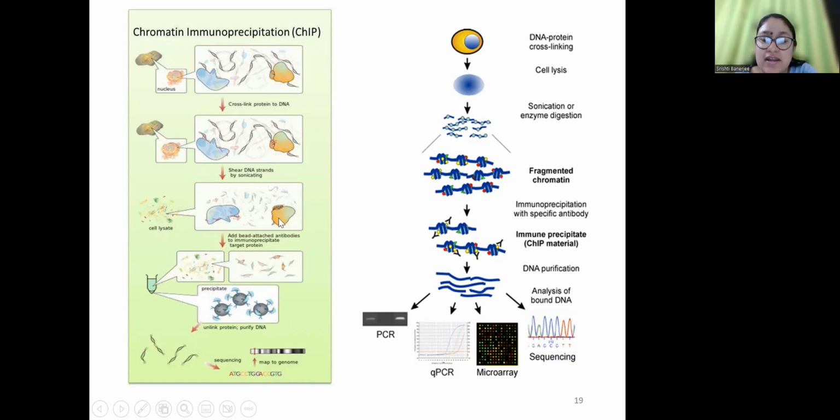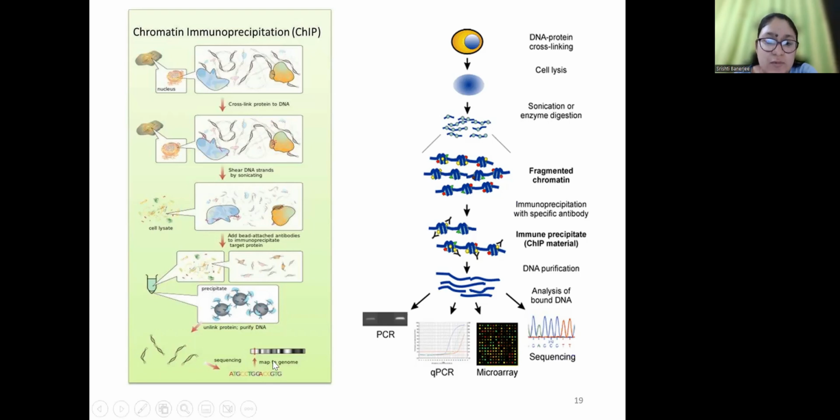What happens is now the antibody will bind to this protein and we are going to immunoprecipitate it. So chromatin immunoprecipitation. Why? Because chromatin means the part of the DNA bound to the protein. So we are going to precipitate it. What will happen is the precipitate will have the DNA, the protein, and the bound antibody. Then we have to unlink the protein and get the DNA out of it.